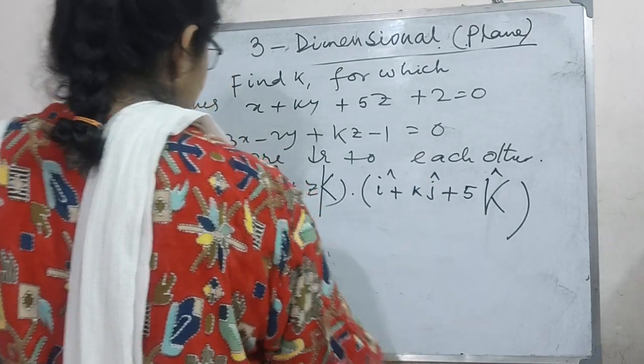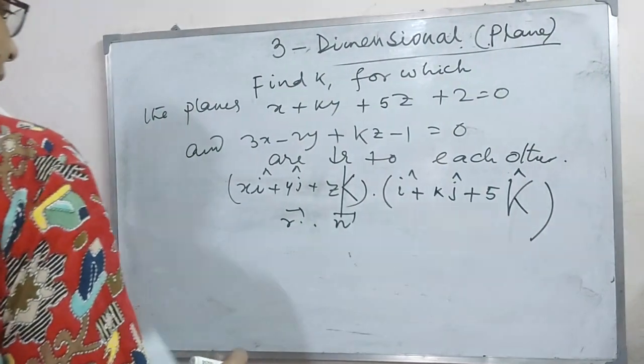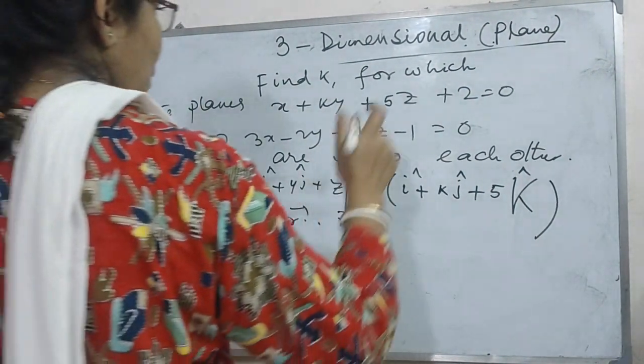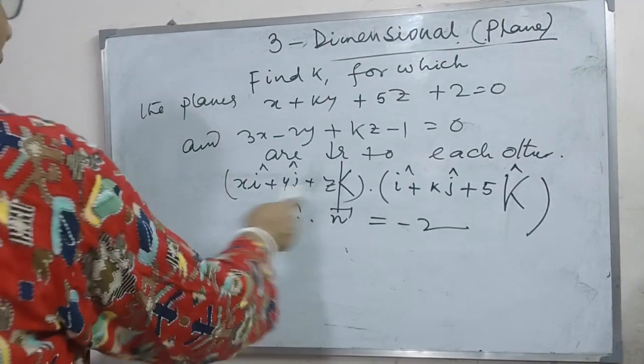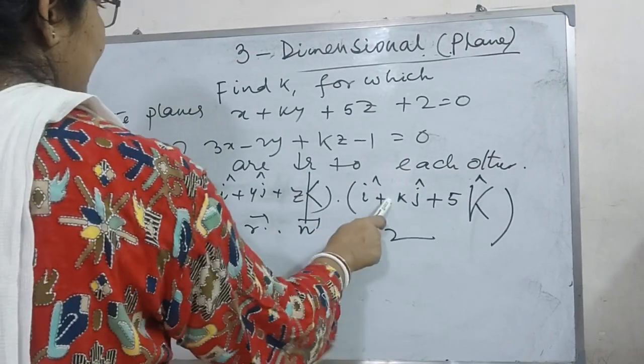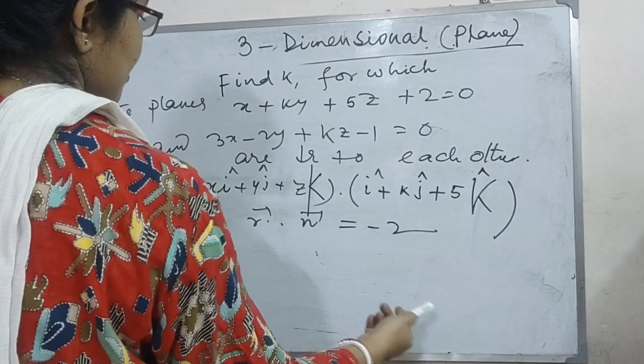This is r dot n, equal to d, that is minus 2. So I will get x + ky + 5z = -2.